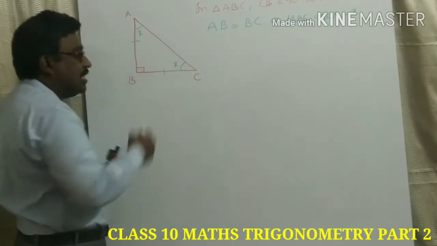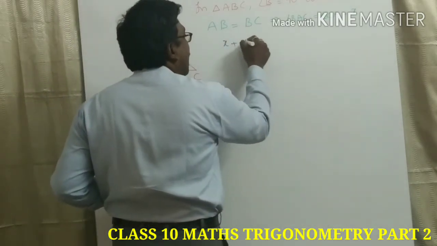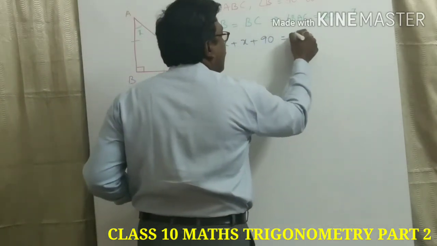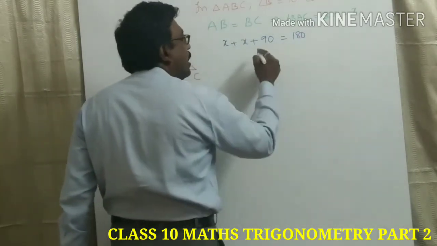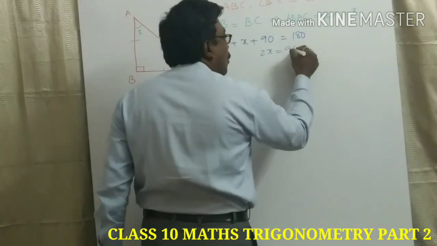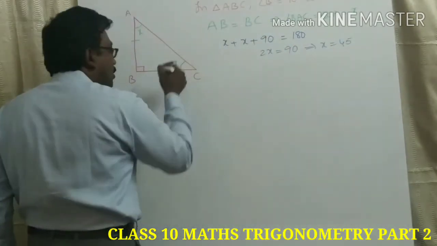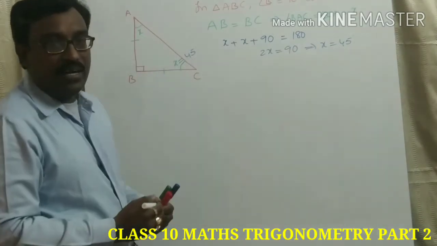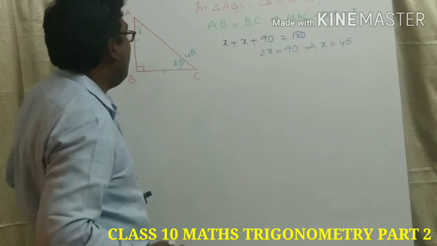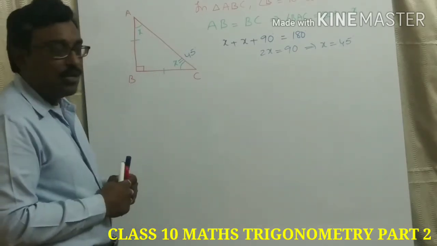The sum of three angles is equal to 180 degrees. So, x plus x plus 90 is equal to 180 degrees. So, 2x is equal to 90, so x is equal to 45 degrees. Both are 45 degrees, and this is a right angle triangle.